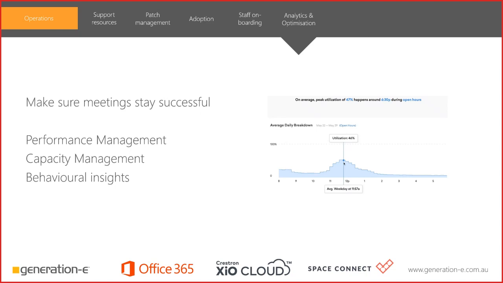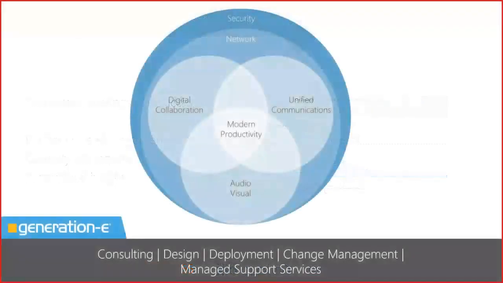So that's a bit of an overall view on some of the key aspects of the modern meeting success framework. Again, we haven't had time to dive into each one, but I've called out a few particular ones. As you can see, it covers a number of areas, and where Generation E comes in is we're a company that's been built specifically to address all of these.